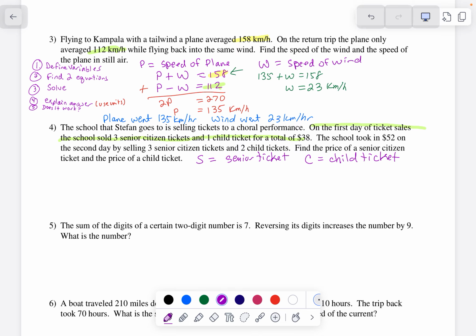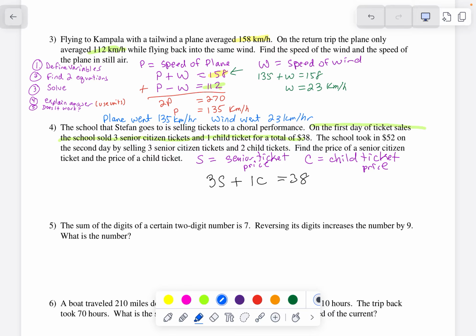And that would be the senior ticket price. Let's specify that would be the price. They sold 3 senior tickets and 1 child ticket for a total of 38. Okay. So our equation is going to go 3 of the S's plus 1 of the C has to total 38. So that's our first equation from that first sentence.